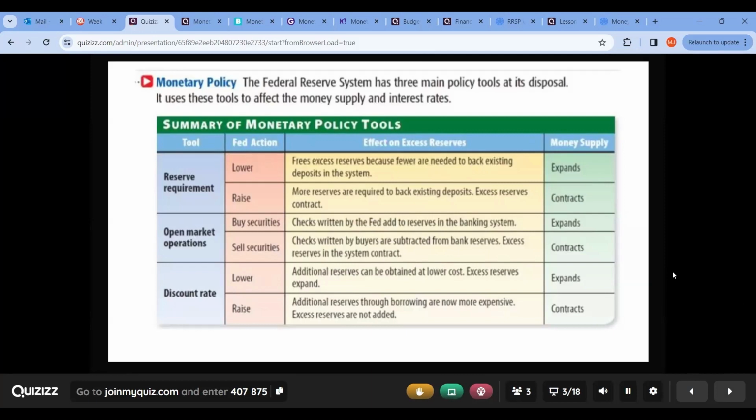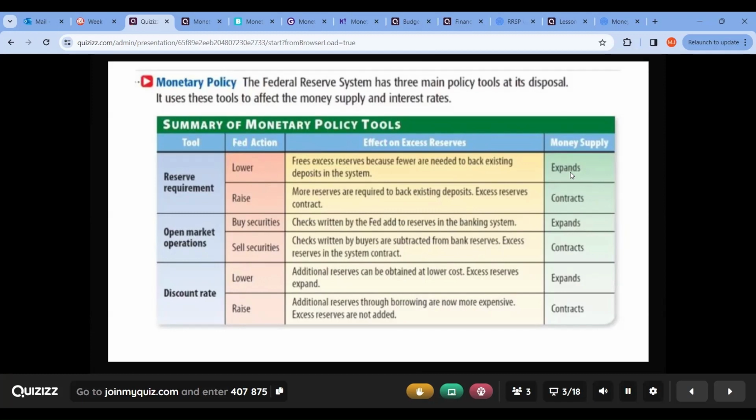There are a lot of tools that the Bank of Canada uses to increase the money supply. They can lower the reserve requirement to expand the money supply. This frees excess reserves because fewer are needed to back existing deposits in the system.